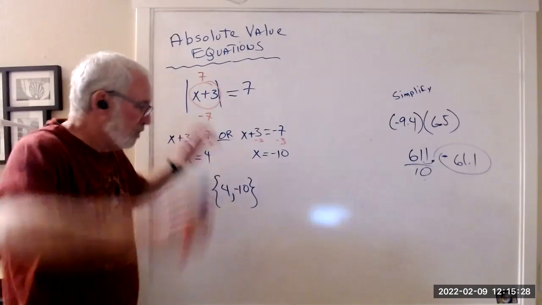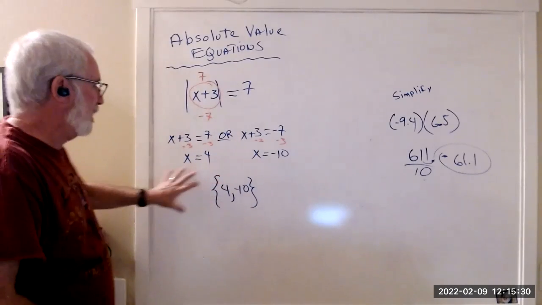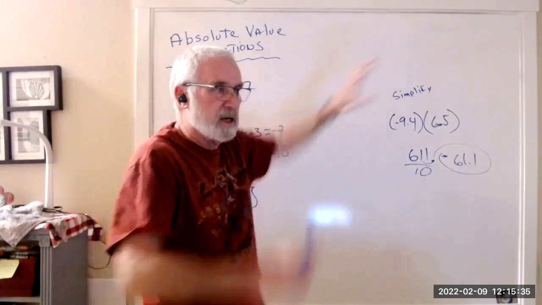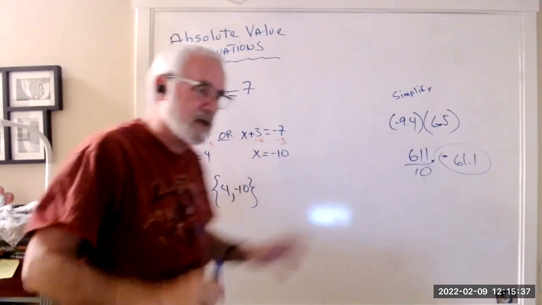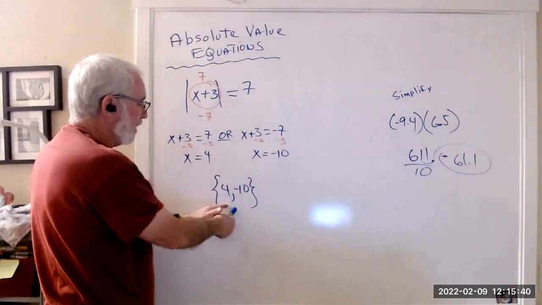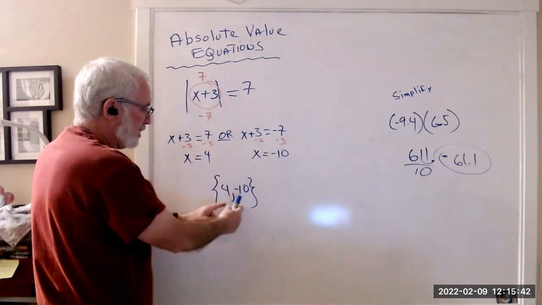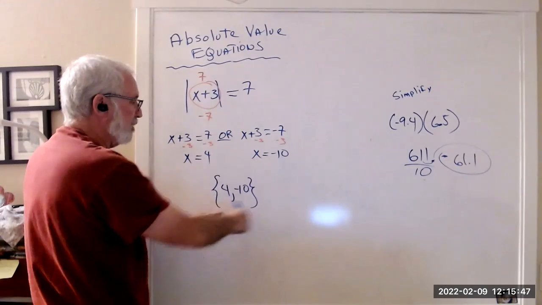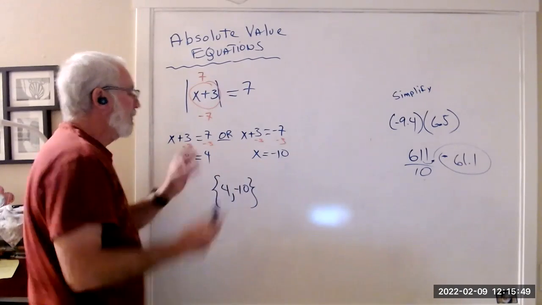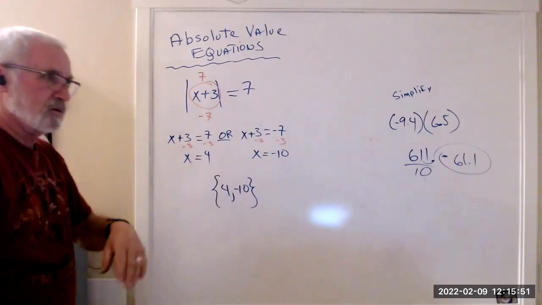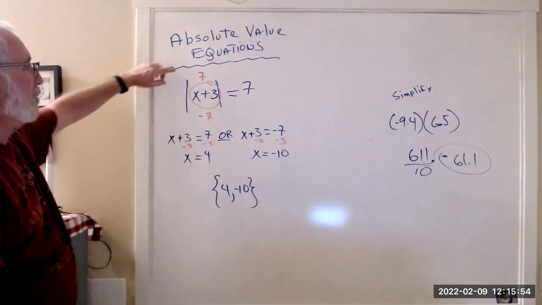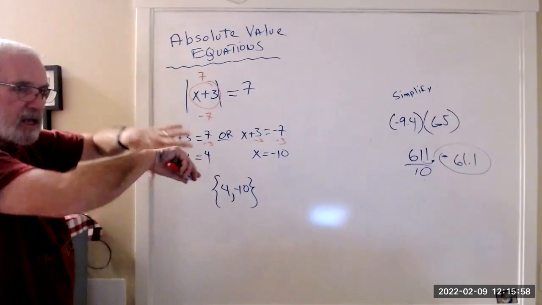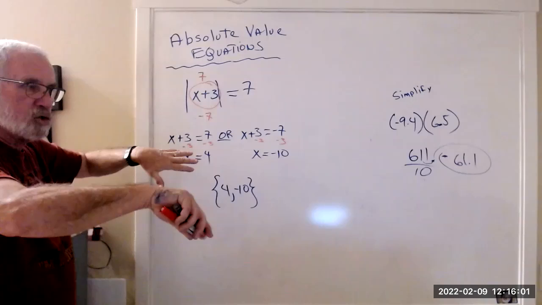You might have done some of your work over here and some over here, and I don't want to have to look all around for your answers. So you bring it all back together and say, this one thing is my answer. It includes the 4 from here and the -10 from here. But that's not the critical thing. The critical thing is that an absolute value symbol always splits into 2 parts.